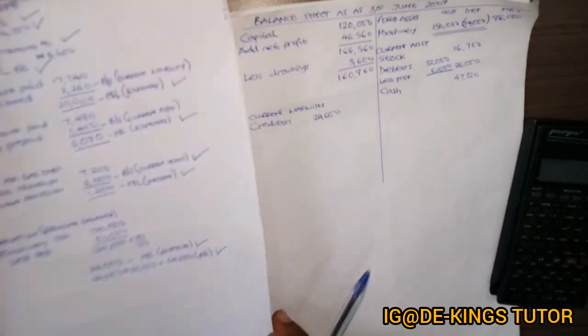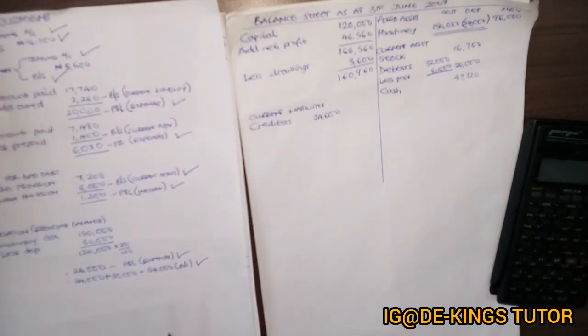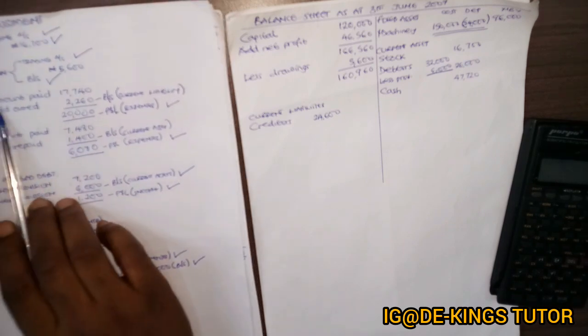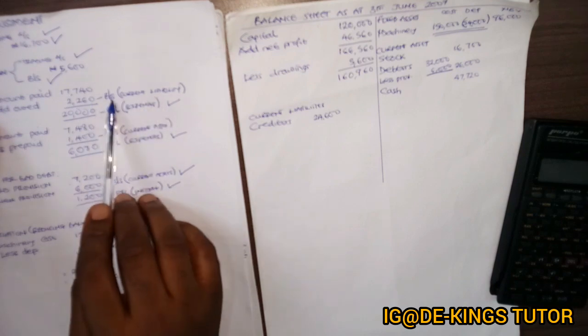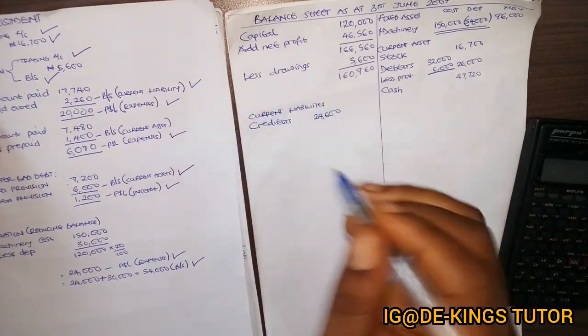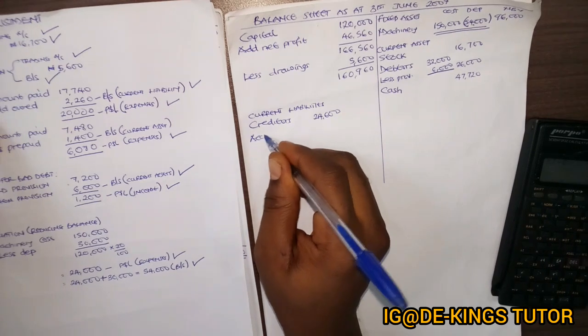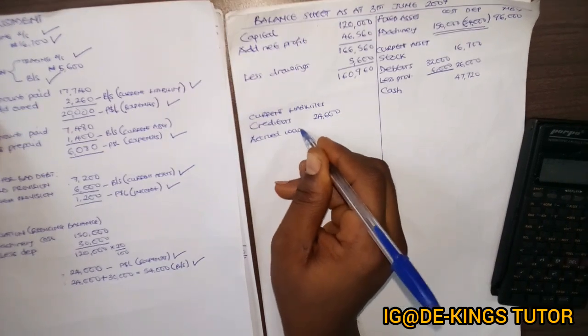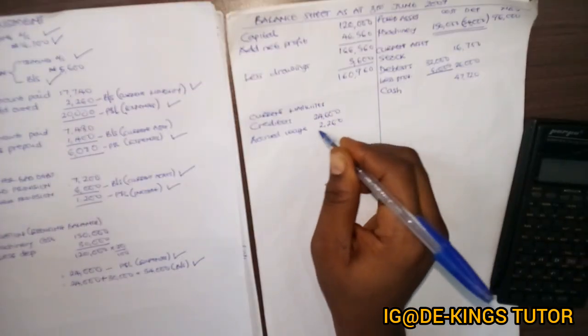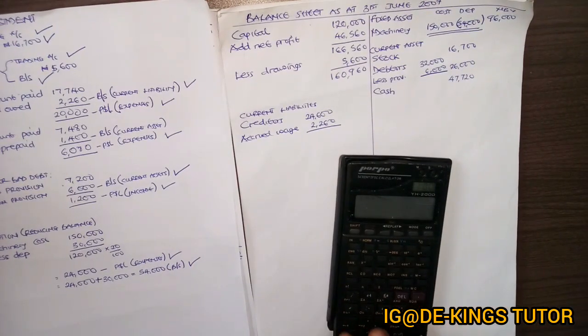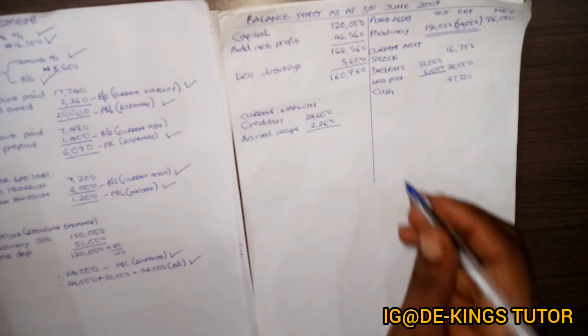Let's check in the adjustments we did if there are items that are supposed to come there. Wages, accrued, is going to current liabilities. So we post accrued wages as 2,260. If we add up 24,600 plus 2,260, that's 26,860.